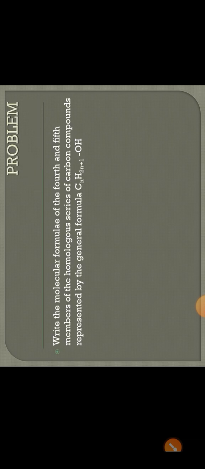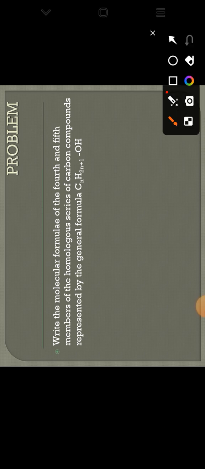So there's one problem, let us work on it. Write the molecular formulae of fourth and fifth members of homologous series of carbon compounds represented by the general formula CnH2n plus 2OH. So they have already provided the general formula of the homologous series. Now we have to write the molecular formula.